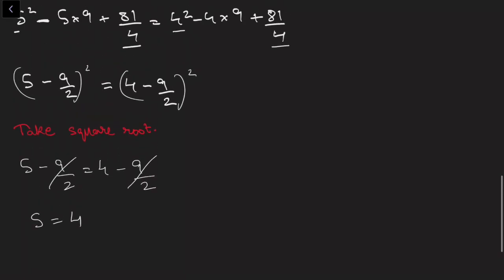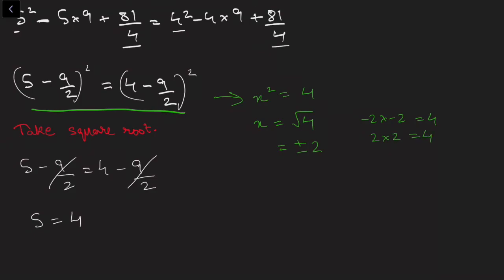Now the mistake here is in this line. When you take a square root, you can actually have two answers. So if I say that x square is equal to 4, and then if I shift this to the other side, then it's going to be x is equal to root of 4, which can either be plus or minus 2, because minus 2 into minus 2 is equal to 4, and even plus 2 into plus 2 is equal to 4.